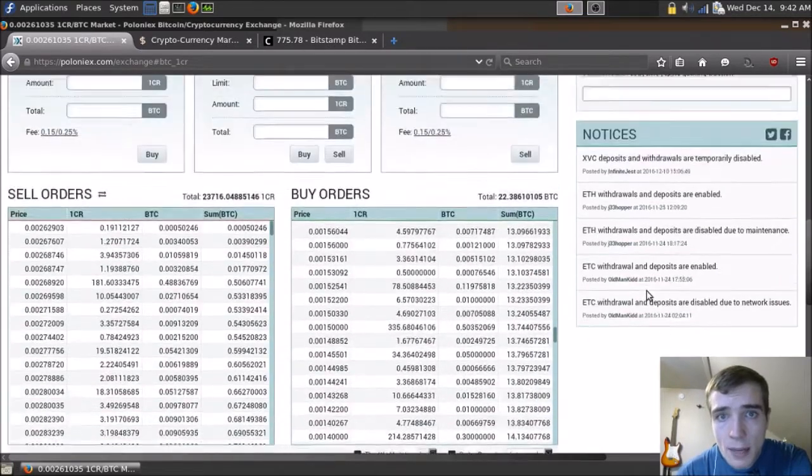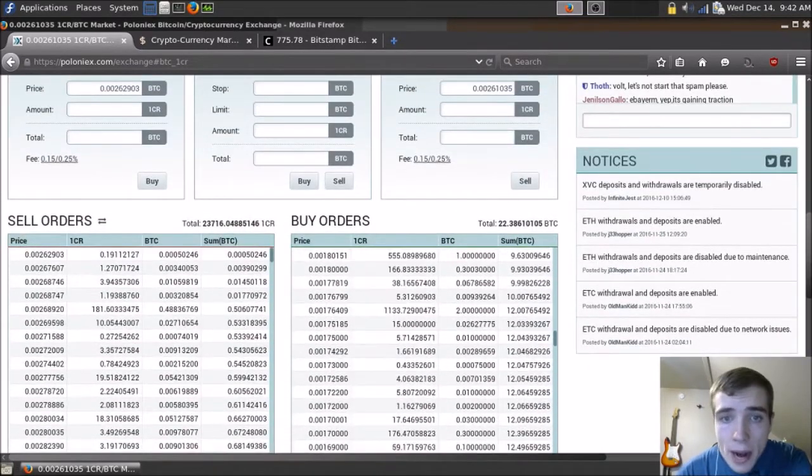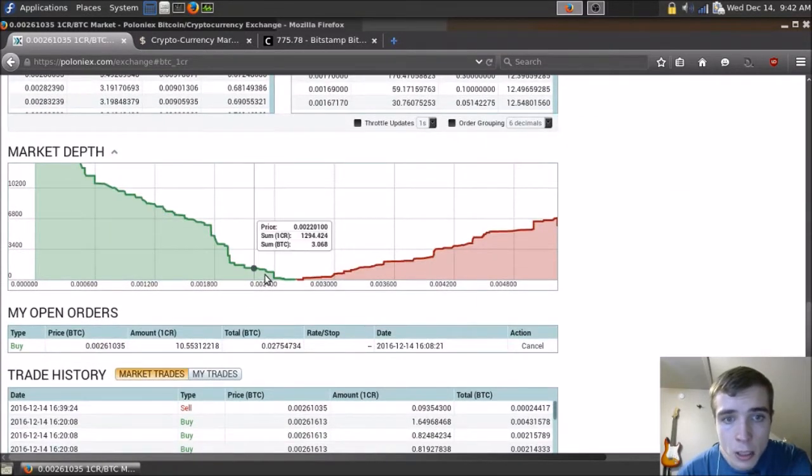But it can kind of be confusing when you're looking through this buy order thing to see these walls, they're called. These are buy walls. That basically means that that's an important place of support in which the amount of sum Bitcoin goes up by a significant amount, and you can see it jump up right here. And same again right here. It jumps up. That's a lot of buy support.